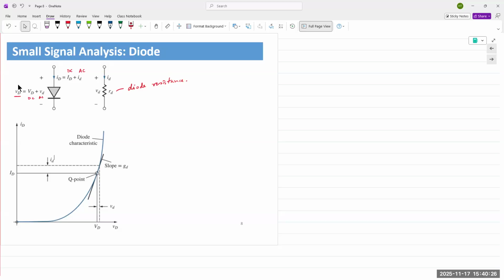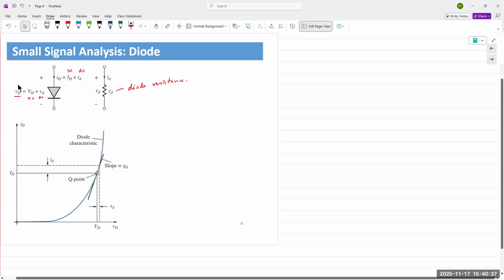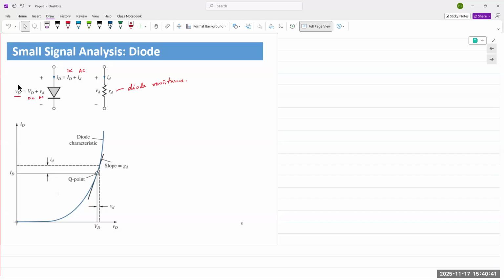It's the constraints put on the diode by the external circuit. So here is the original Q point right here. And then the AC current ID and the AC voltage VD are small shifts away from the Q point.